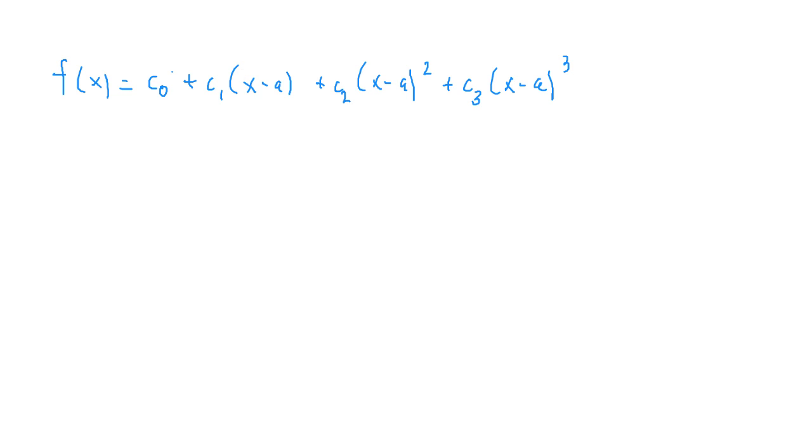So f of x is equal to c sub 0 plus c sub 1 times x minus a plus c sub 2 times x minus a squared plus c sub 3 times x minus a cubed, and so forth.